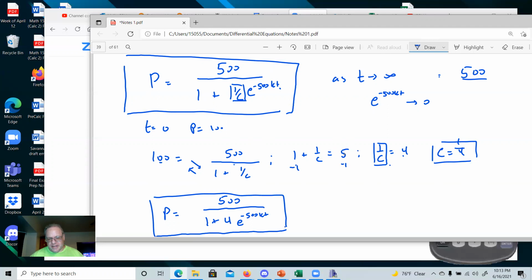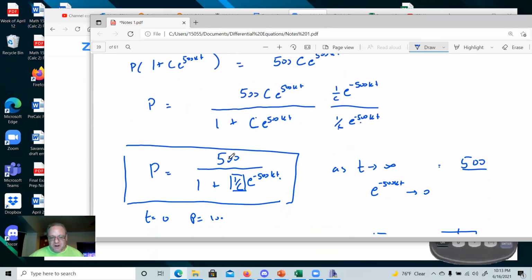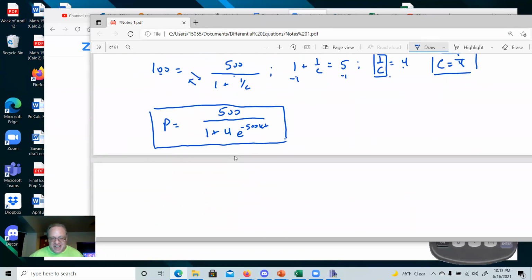Again, trust me, I did this with the alphabet soup in it, and that was not a pleasant experience trying to keep track of C's and A's. When we did the partial fraction, I had two more letters in there. It got to be too much, so I just didn't do any of that.